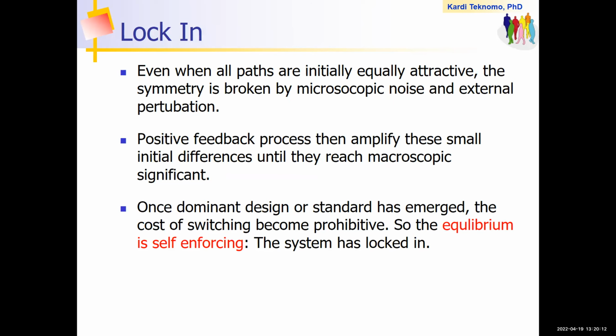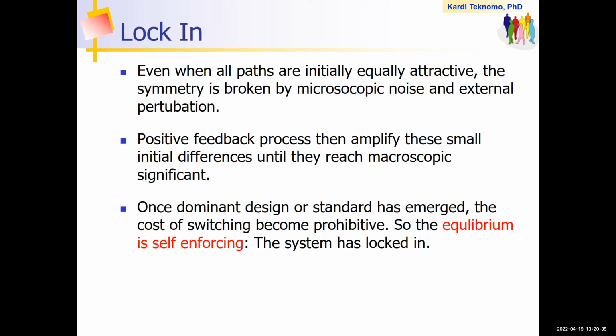So the term is actually lock-in. Even when all paths are initially equally attractive, suddenly the symmetry is broken by microscopic noise. It's purely random chance. That noise is random chance and external propagation.